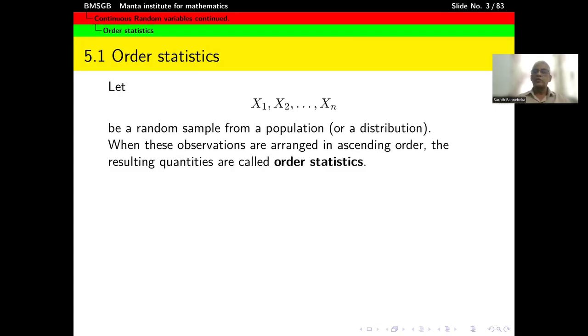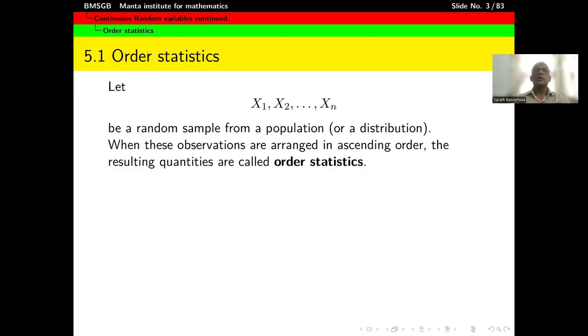Now, when we put these random variables in ascending order, there will be a random variable representing the first or the minimum of the sample of size n. And also at the right end, there will be the maximum of the n random variables. And in between, after the minimum, there will be the second smallest random variable, third smallest random variable, and so on.